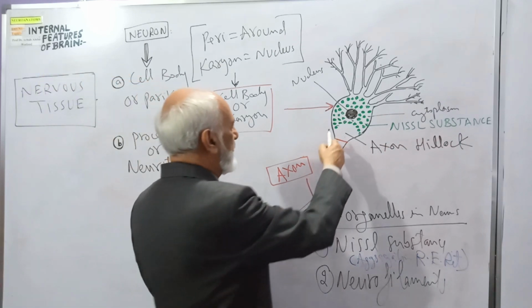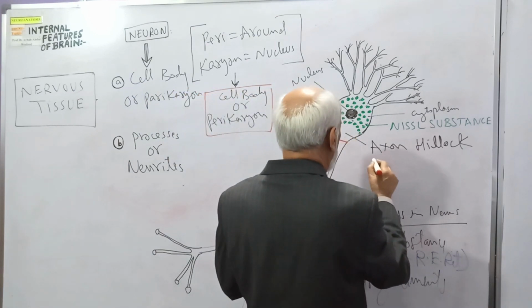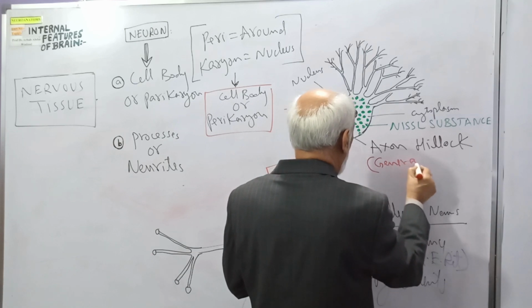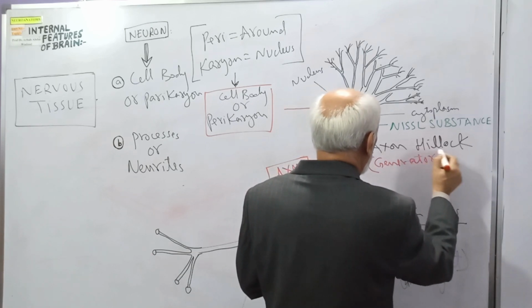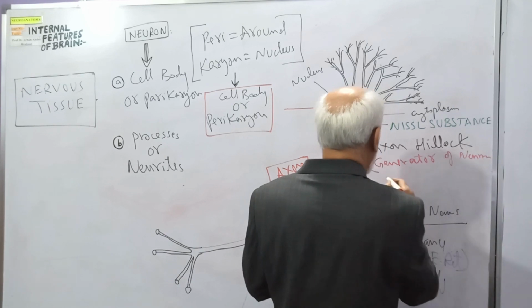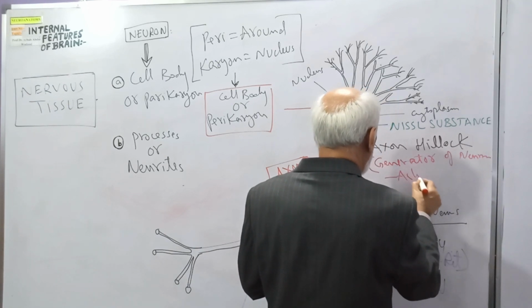This part of the cell body is the generator of the neuron. It is considered as generator of neuron. Why? Action potential starts here.